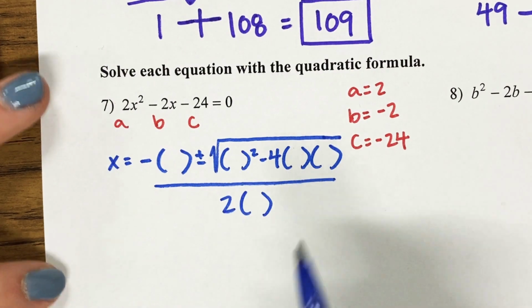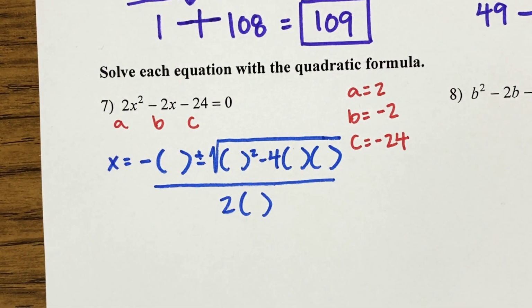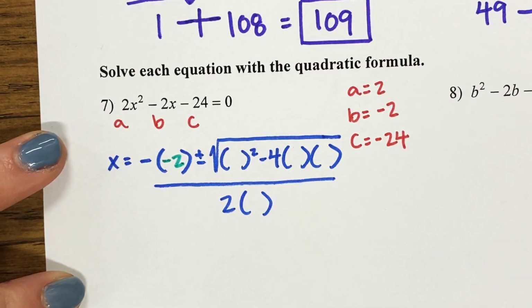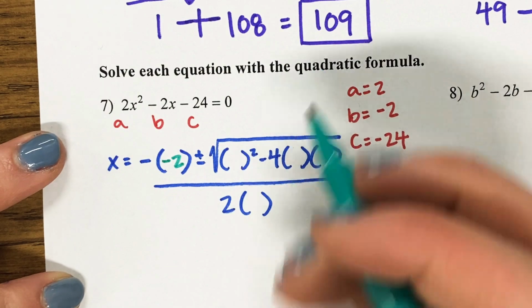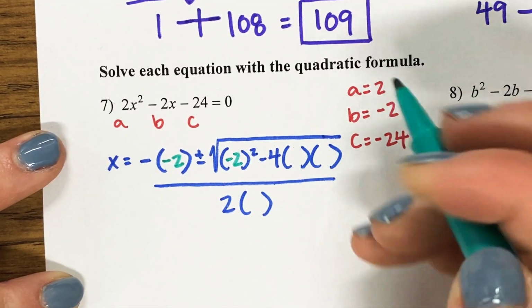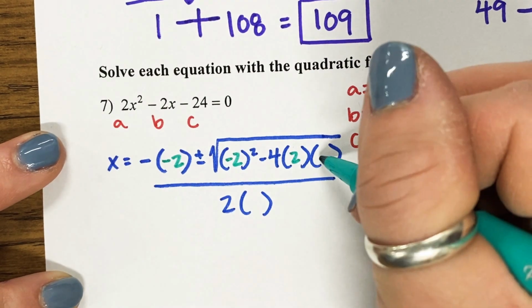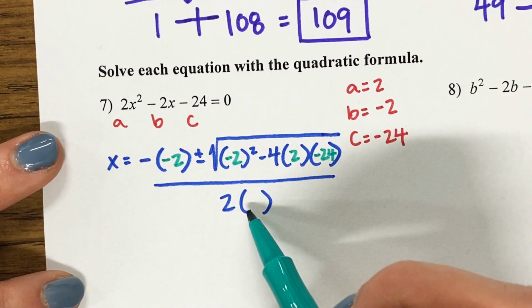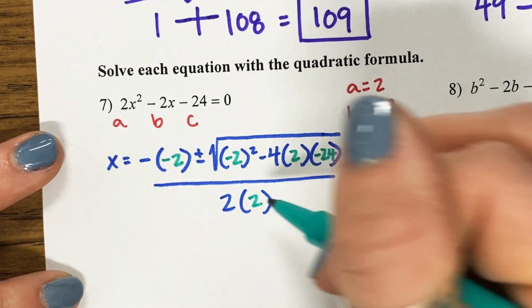I'm going to fill in these spaces with what we know. The first space is -b. b is -2. b squared again, so it's another -2. Minus 4 times a is +2, times c, -24, all over 2 times a is +2.